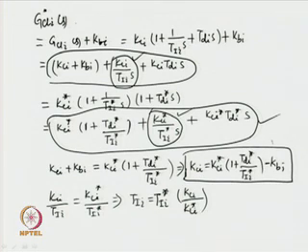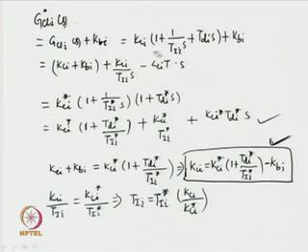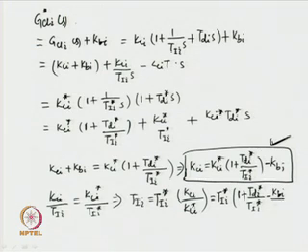Now, using the upper expression, I can write down Tii as Tii star times Kci divided by Kci star, which will give us 1 plus Tdi star upon Tii star minus Kbi upon Kci star.